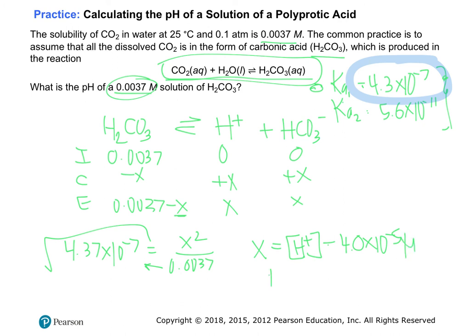So if we want to do the pH, we're going to do the negative log of hydrogen concentration, which will give us 4.40. And we can calculate the percent dissociation by doing this hydrogen concentration divided by our initial concentration, and what you'll see is that it's about 1% dissociated, so that would be a good call to use that approximation.